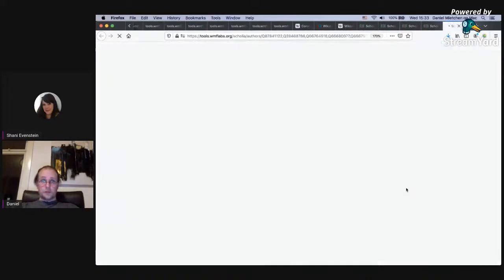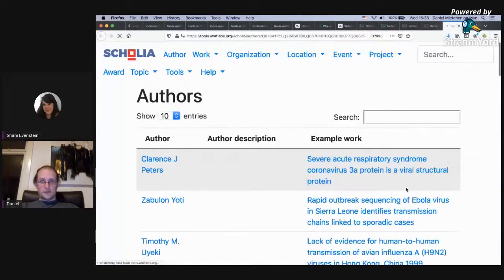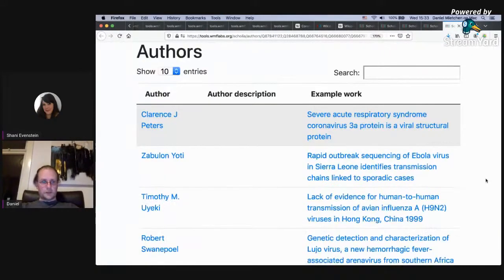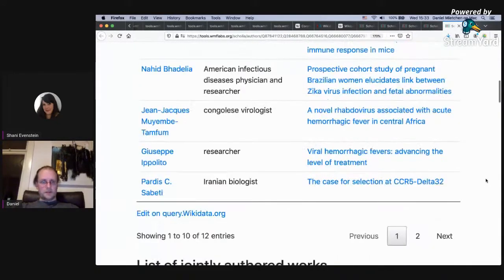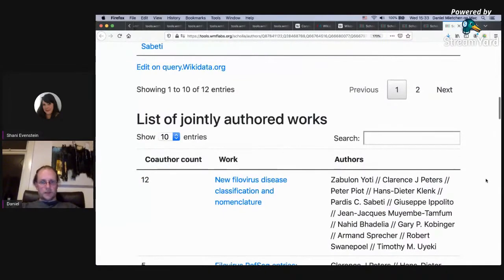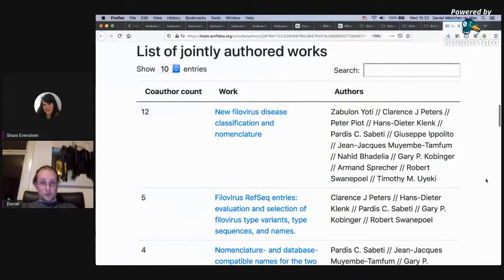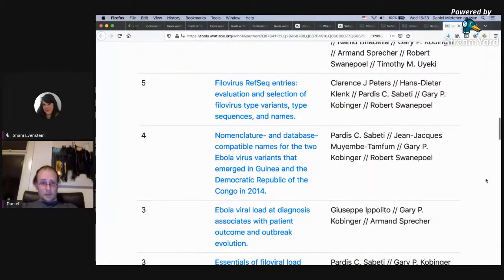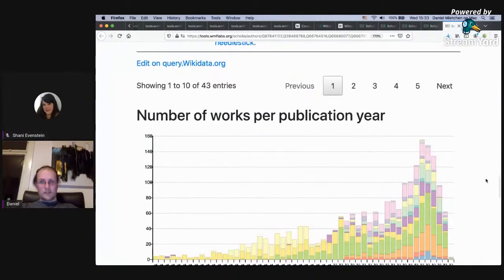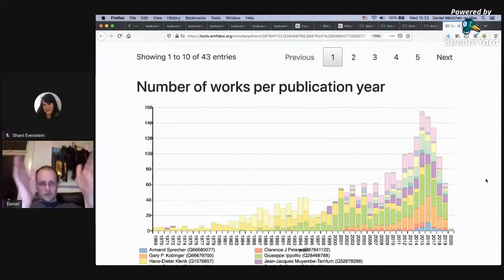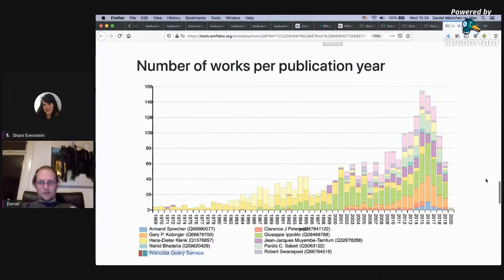So here we get a profile for these different people that have co-authored that particular paper. And then we see a number of papers where these same people have occurred as co-authors again. For each of those authors of that particular paper, we see how they published over time.